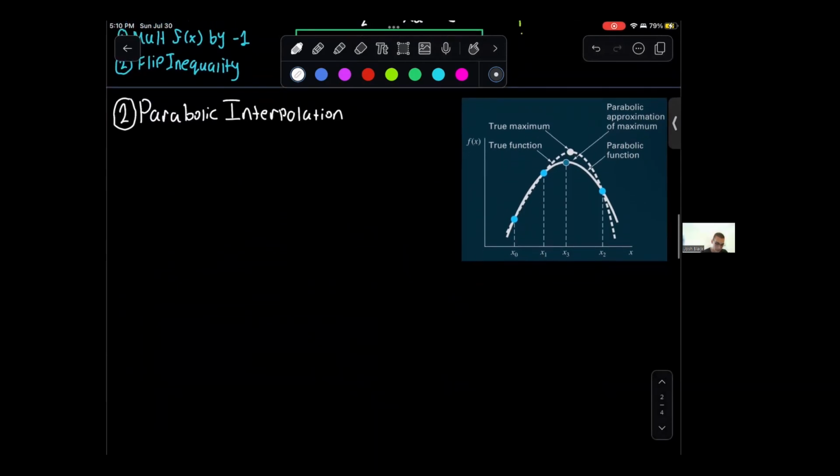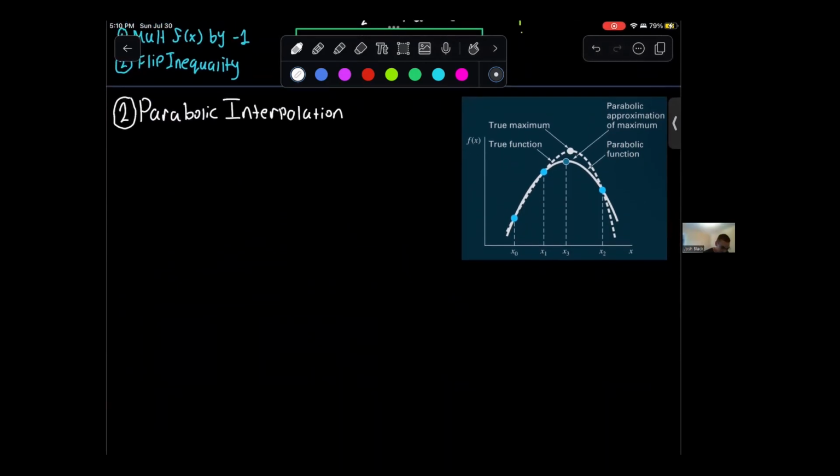To use my parabolic interpolation, I need 3 initial points: x0, x1, and x2. What this method does is it fits a parabola to these 3 points. From there, I find the maximum of that parabola, or minimum if needed. From there, I will fit another parabola to my new 3 points until I get close enough to the true value.